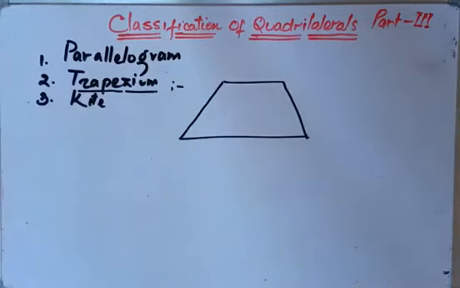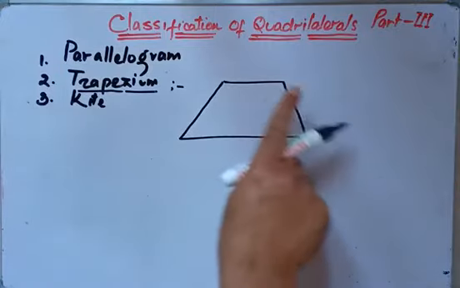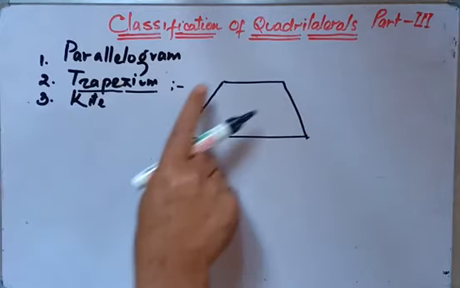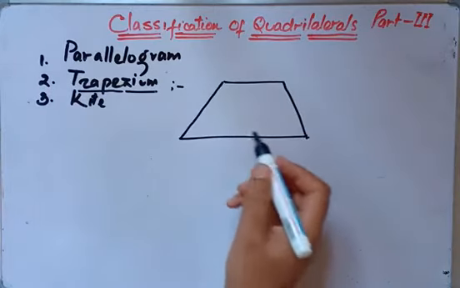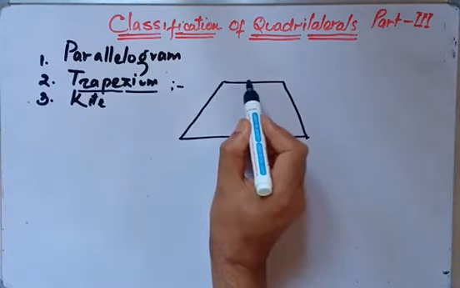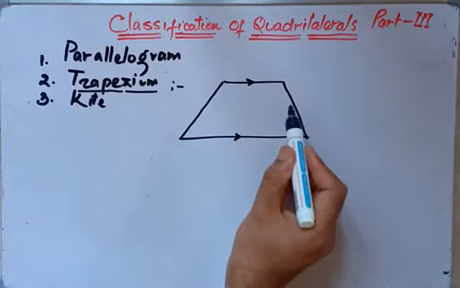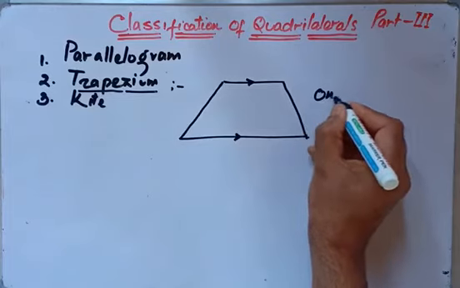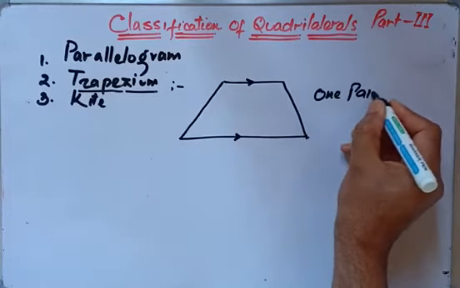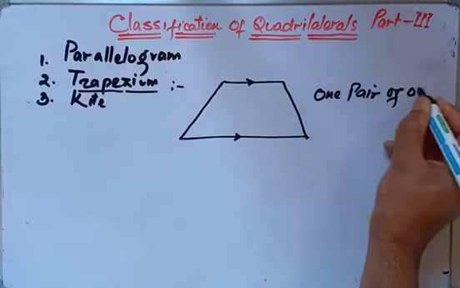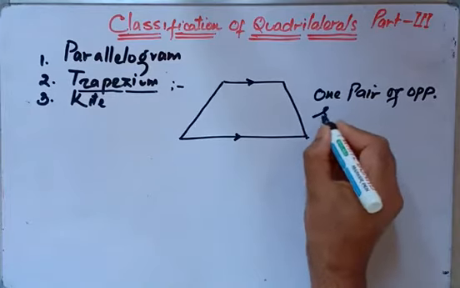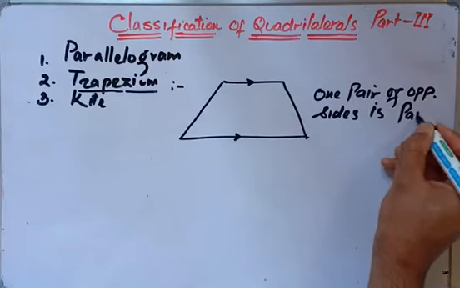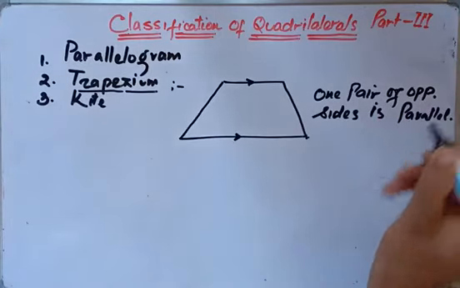You can observe that this is a type of quadrilateral in which this side is parallel to this side, and these two opposite sides are not parallel. So only one pair of opposite sides is parallel. This is the definition of a trapezium.